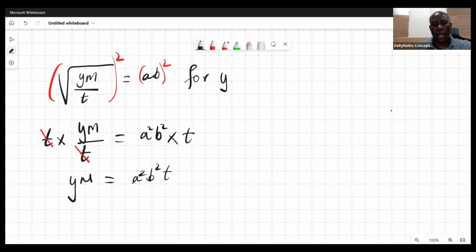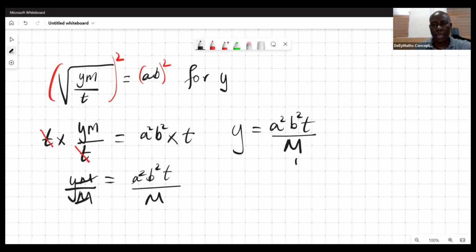In order to find y, y is being multiplied by m, so we want to divide both sides by m. Finally, y is equal to a square b square t, all of this over m. Right, so there we go. That's our first example.